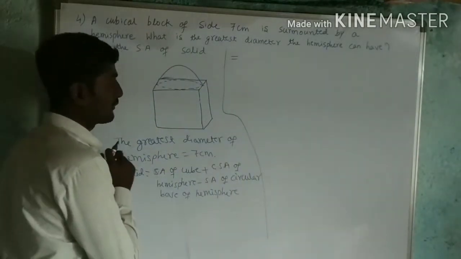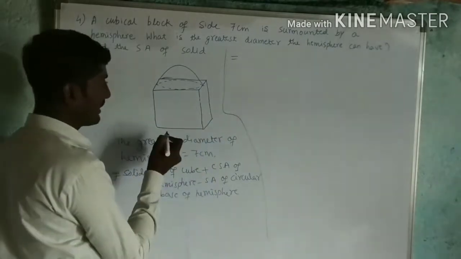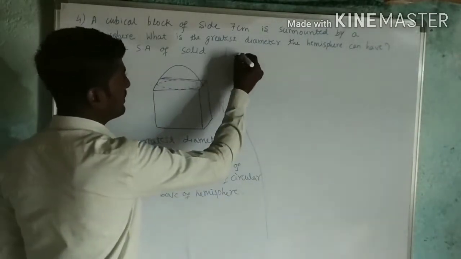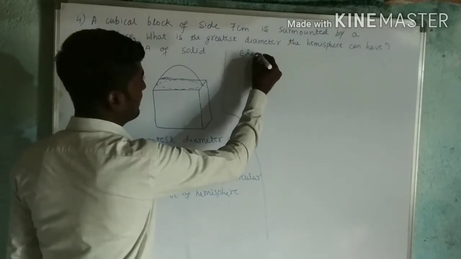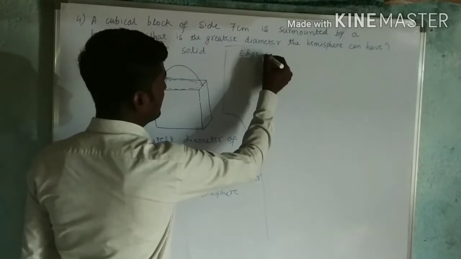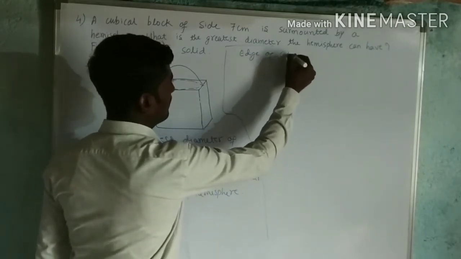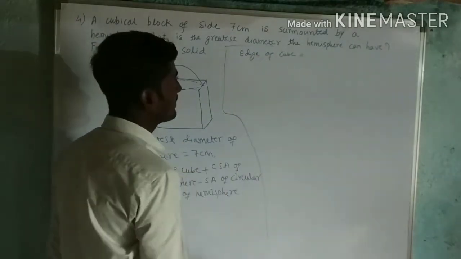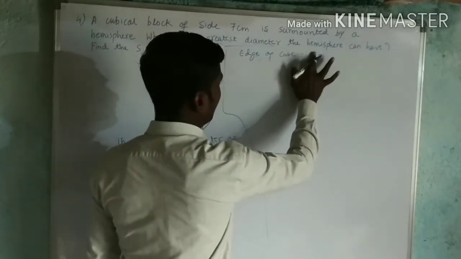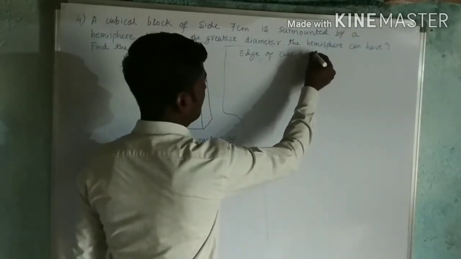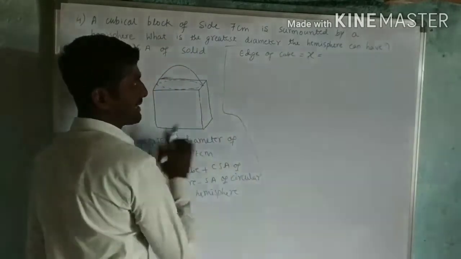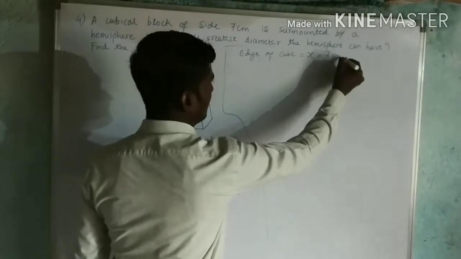So surface area of cube. First I will take the edge of the cube. I will take it as R, or as D, or you can take X only. I will take the edge of the cube as X, that is 7 centimeter.